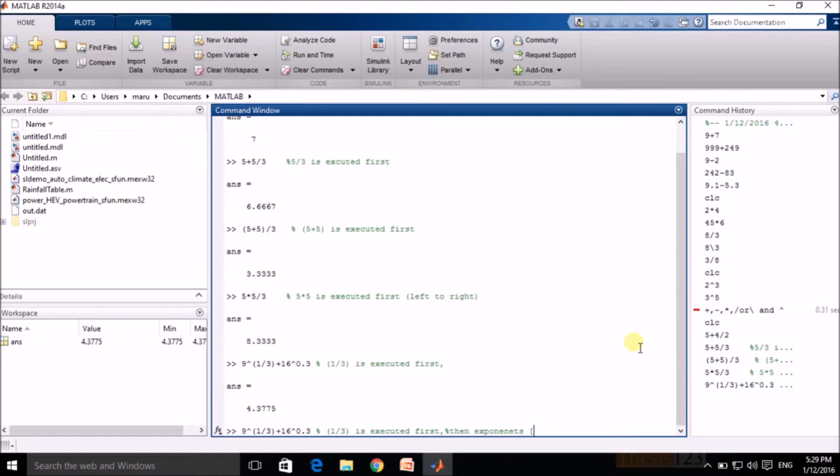Those are 9 power 1 by 3 and 16 power 0.3, which are executed.